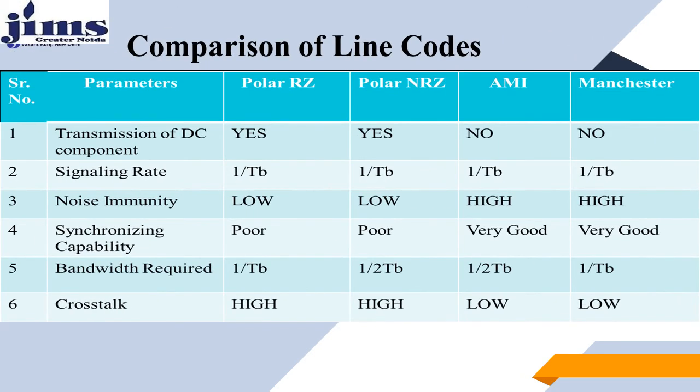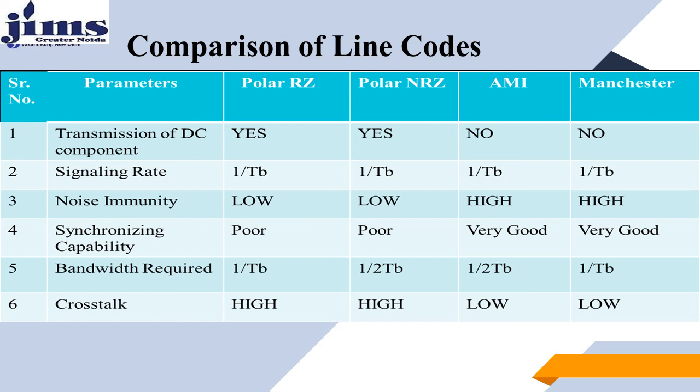And in this particular slide, we have a comparison of polar RZ, polar NRZ, AMI and Manchester, and the parameters that we take are 6 parameters. First one is the transmission of DC component, second one is the signaling rate, third is the noise immunity, fourth is the synchronization capability, fifth is bandwidth required, and sixth is crosstalk.